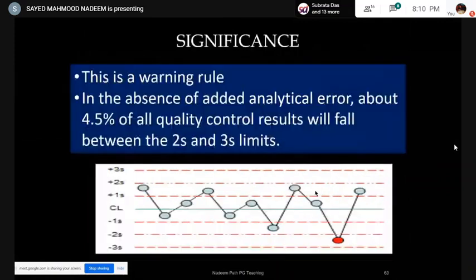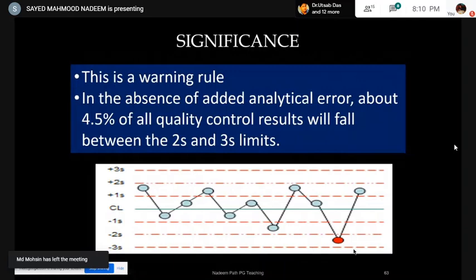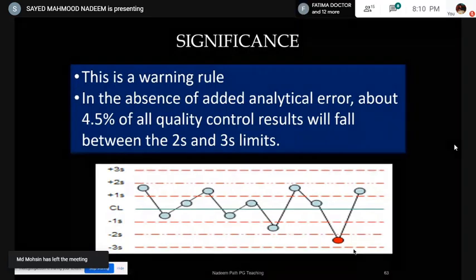So this is just a warning rule. If no other abnormality can be seen around, like you can see in this LJ chart, all the points are fine except for one point here which has crossed 2S. So this is a random error and we will ignore this. It will just give us a warning that one day something went wrong and your control value has just crossed 2S.